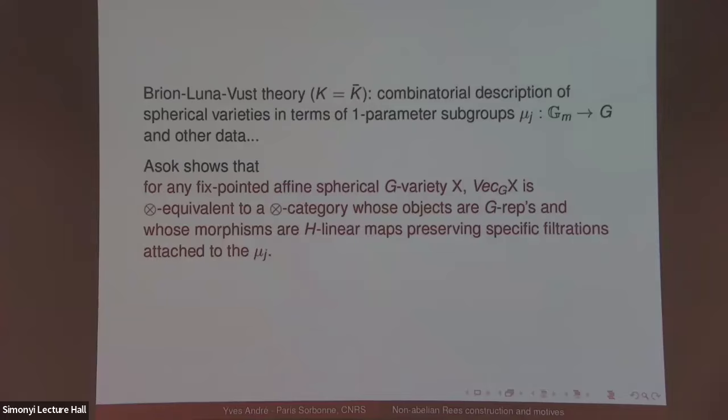For any fixed pointed affine spherical variety, the category of G-equivariant vector bundles on X is tensor equivalent to a certain tensor category, whose objects are just representations of G, and whose morphisms are H-linear maps which preserve certain specific filtrations.